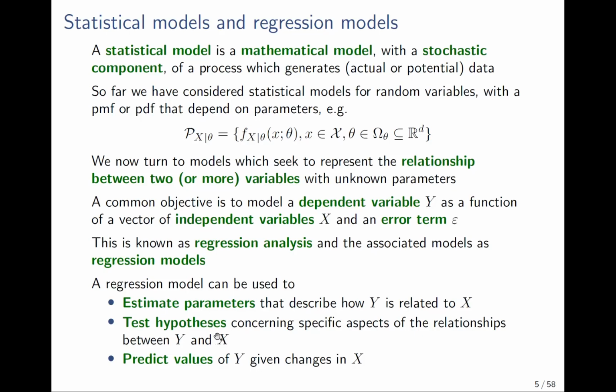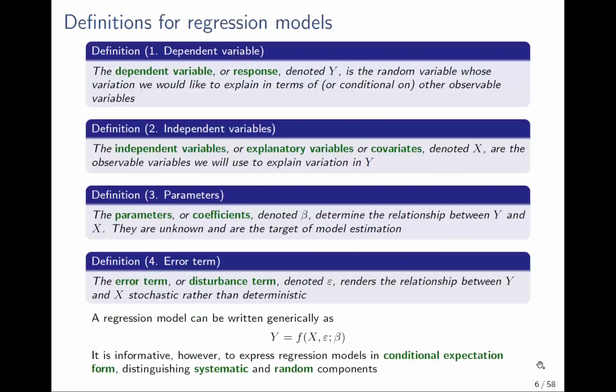So we're going to test some hypotheses about ranges around the parameter value. Or prediction. What will happen to road traffic accidents if we introduce 100 new speed cameras on the road network? So that's an example of the sort of thing that a regression model can tell us about.